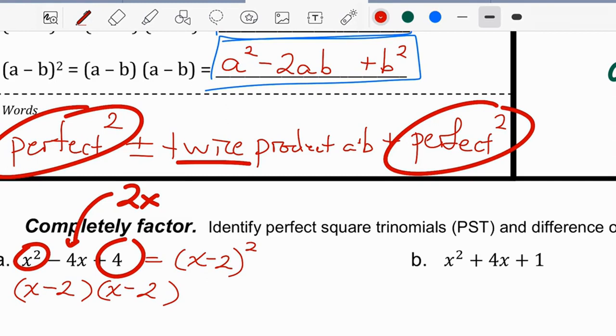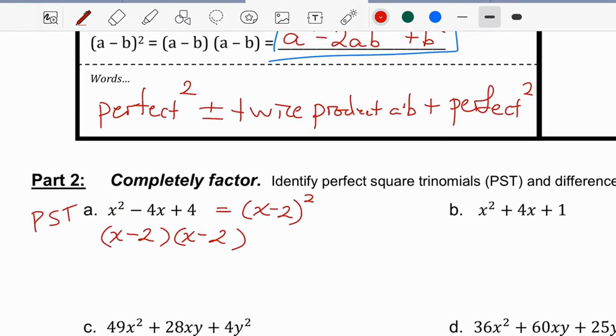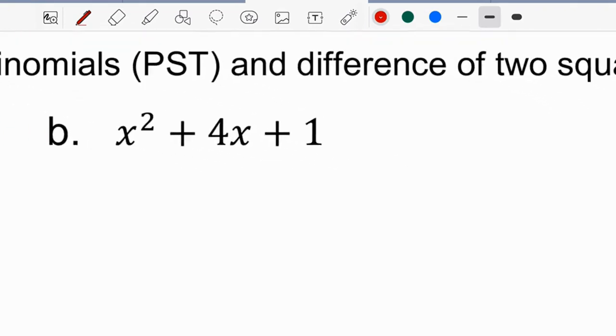I have 2 of those 2x's, which gives me 4x. You say, I don't know if I really want to think that way. Well, you don't really have to, to be honest. You can do the problem without recognizing that it's a PST. But it doesn't hurt to realize that some problems just don't have the right look.